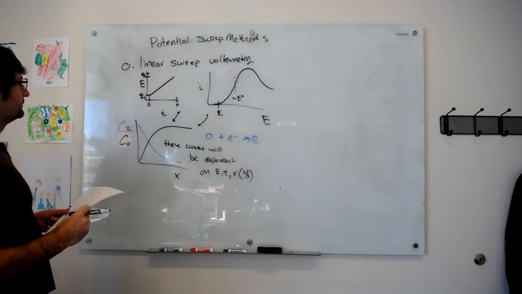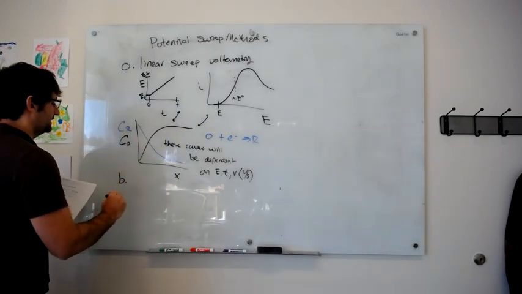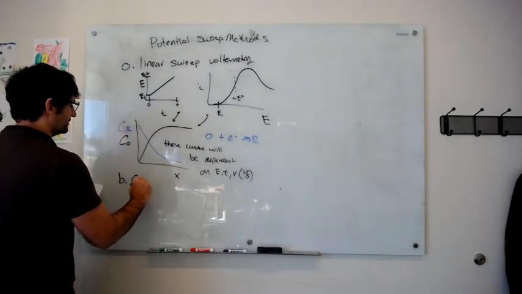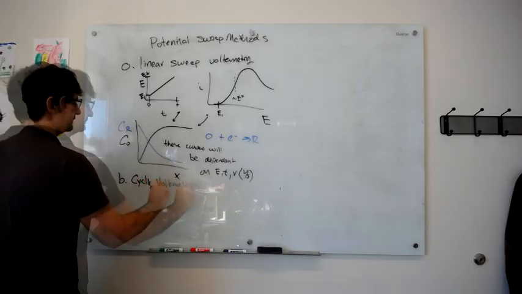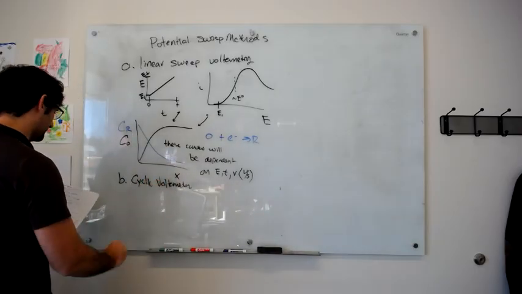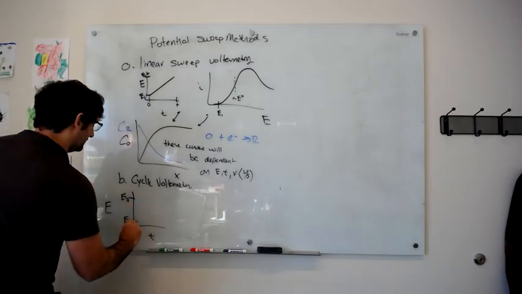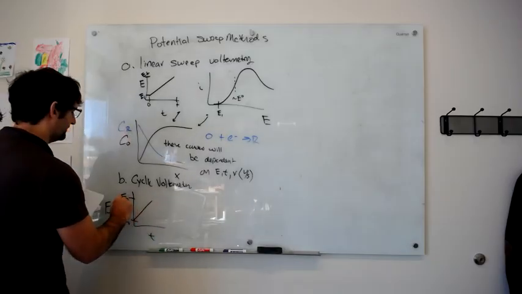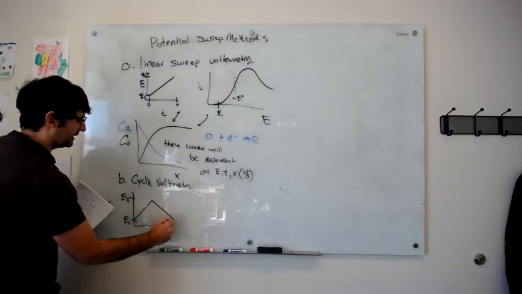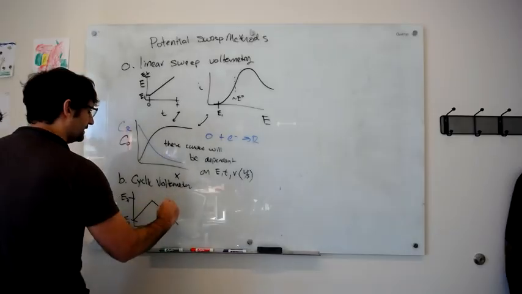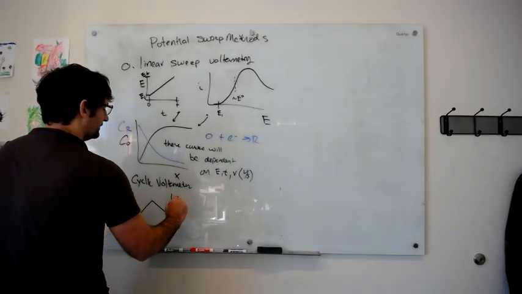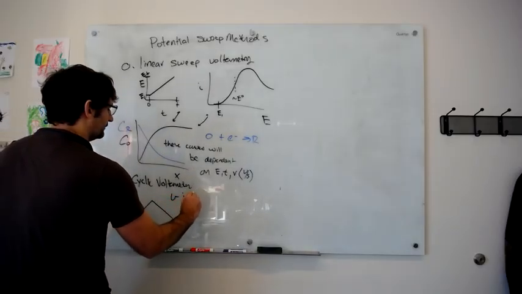And then what we'll follow with is a discussion of cyclic voltammetry. This is very similar, except in this case, we're going to go from a starting potential, ramp up to a reversal potential, and go back down to the starting potential at some scan rate in volts per second.